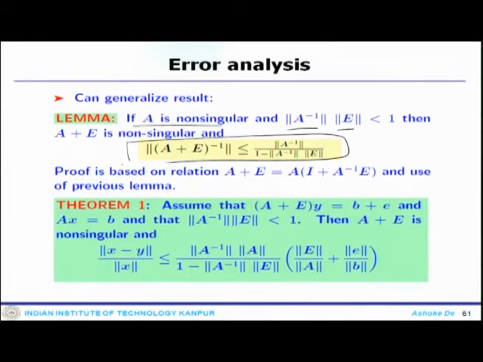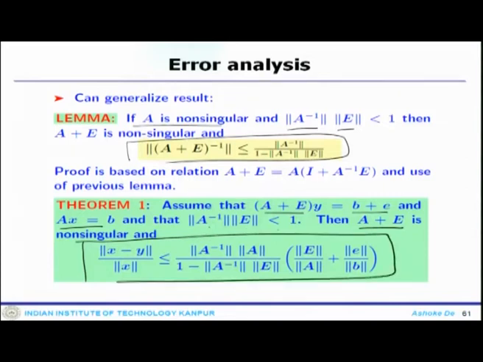So, the theorem says assume A plus E y equals B plus epsilon and A x equals B, and that the norm of A inverse times the norm of E is less than 1, then A plus E is non-singular, and it also satisfies the bound on the norm of x minus y divided by the norm of x.